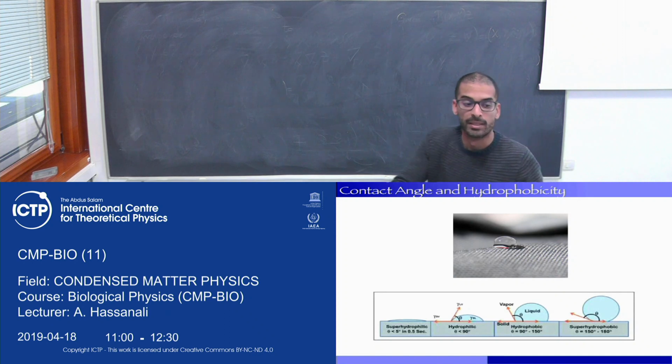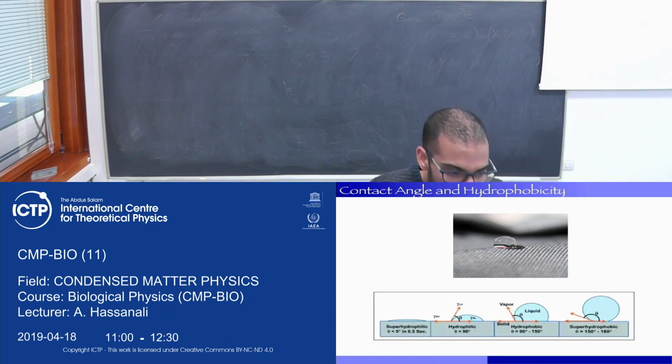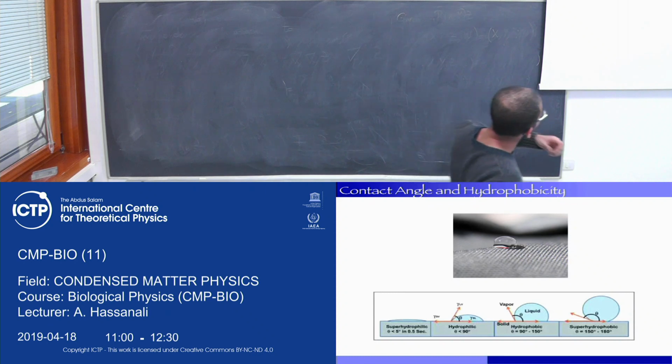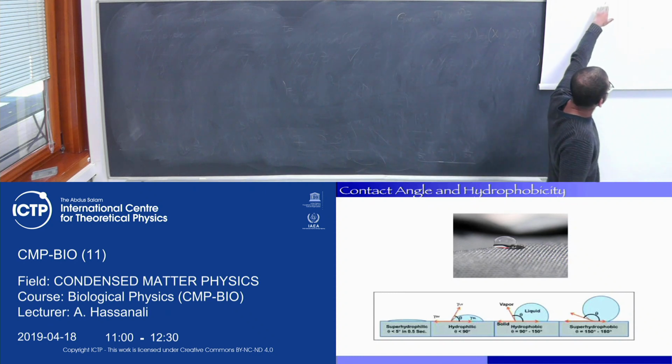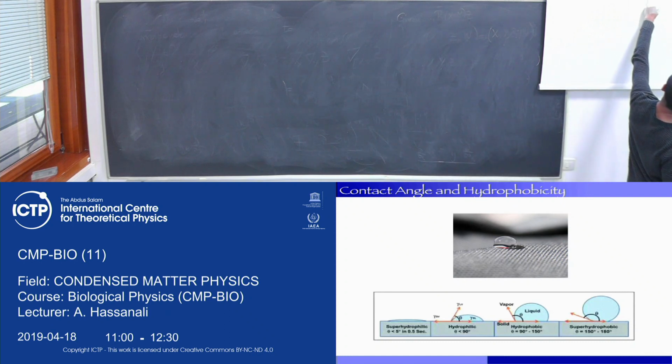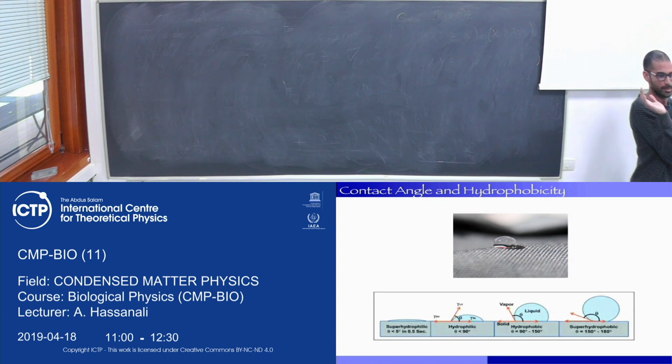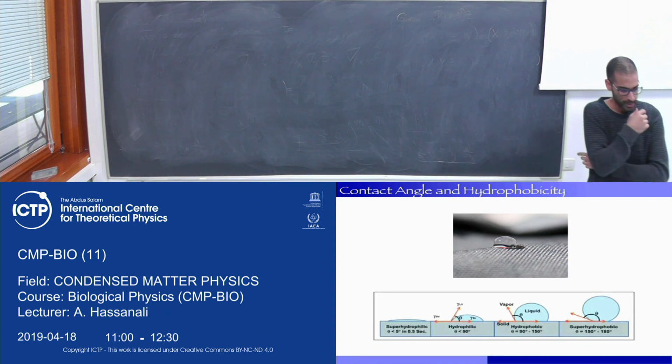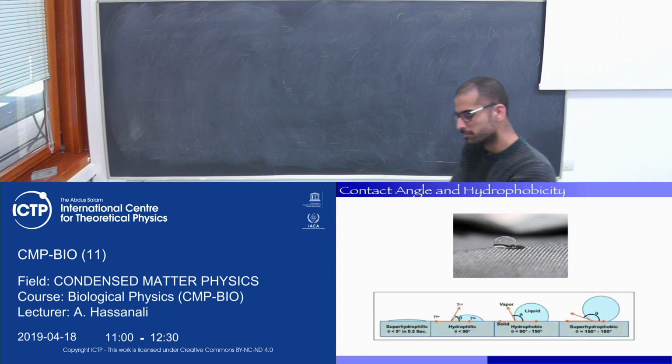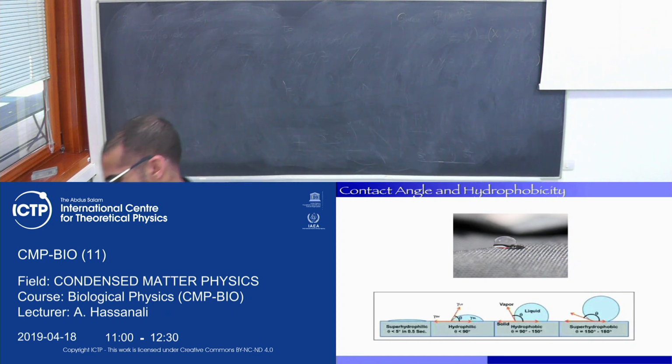If something is very hydrophilic, it'll flatten out, and I can measure some angle that tells me that it's flattened out. If I make something hydrophobic, then that angle will change. So the contact angle is a way, at a macroscopic scale, to measure wettability.